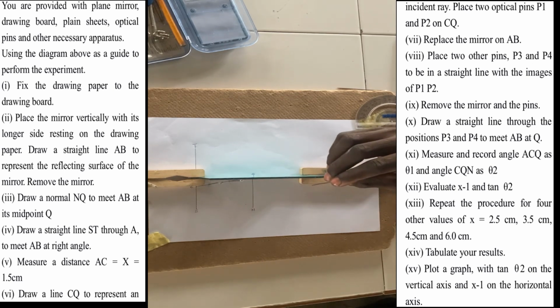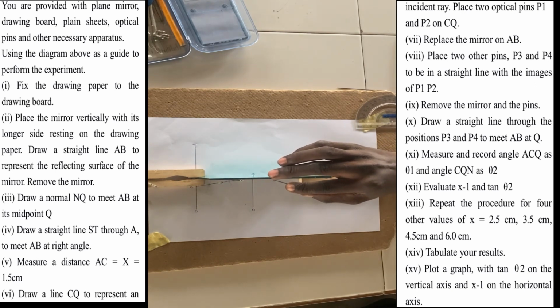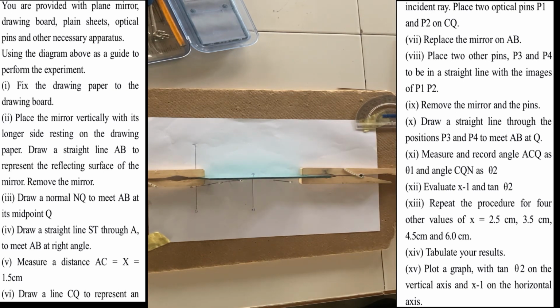I have to look in such a way that you are always seeing one pin. So this is pin 3 and this is pin 4.